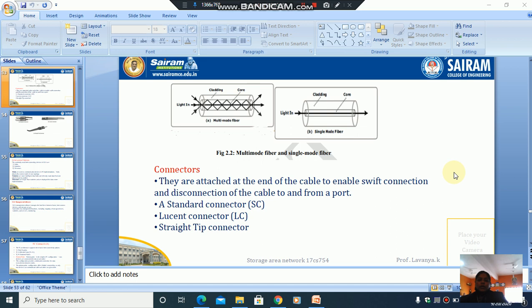The connectors contain two types of connectors. Basically it works on three types of connectors.